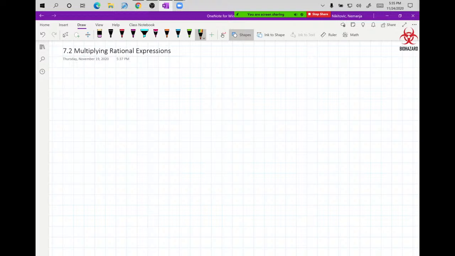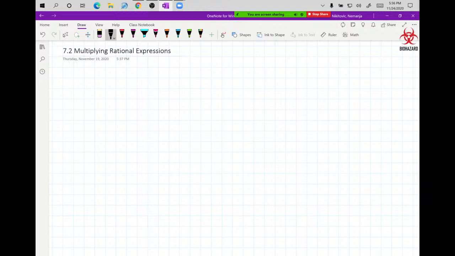So that means that we are going to have to factor and cancel and do all of the stuff that we have been doing previously in chapter 6. So we're going to start with first understanding and remembering basic fractions.